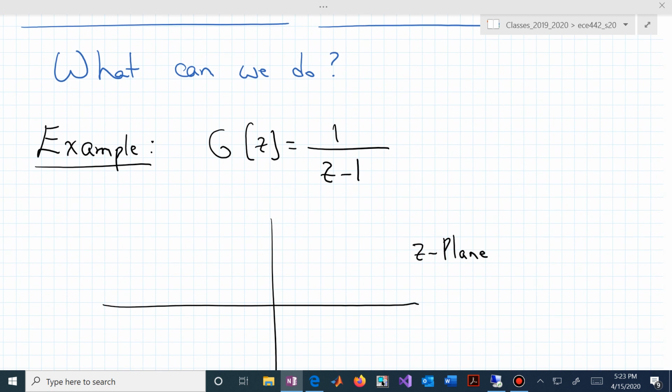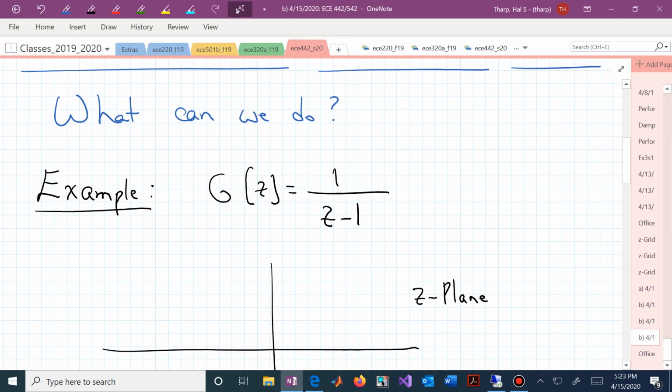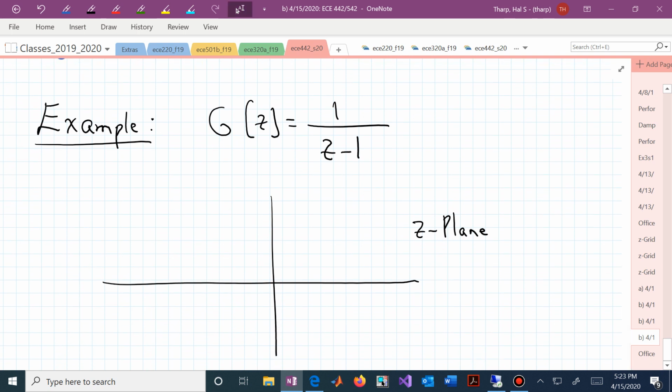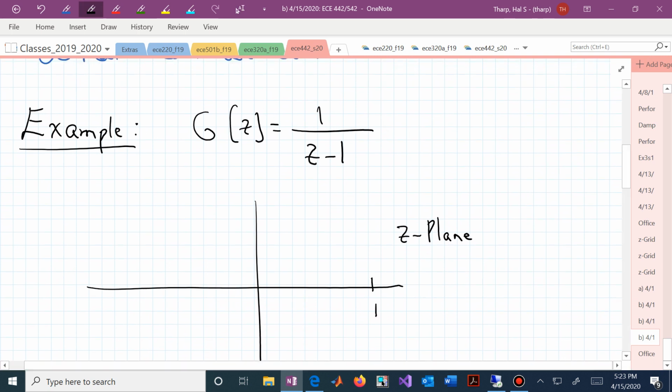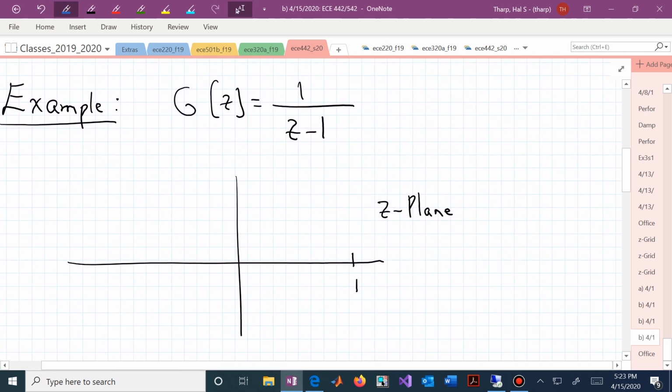Let's remind ourselves where we have been with this root locus strategy. Let's start with one example. Suppose that we now have a pole at 1. So here is our closed loop pole, and I wanted that to be a blue pole.